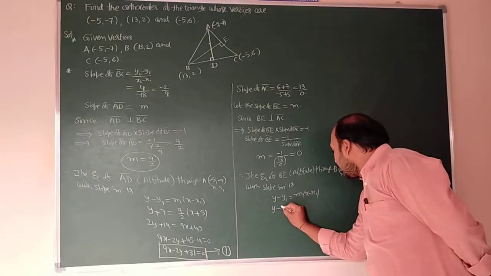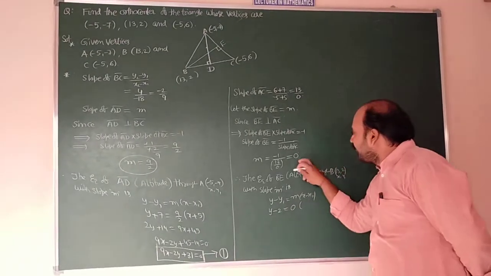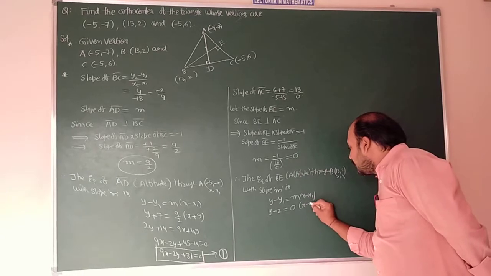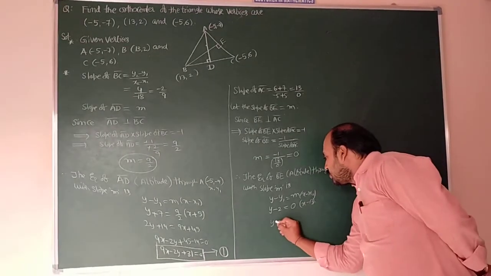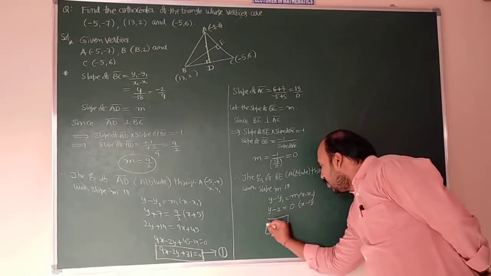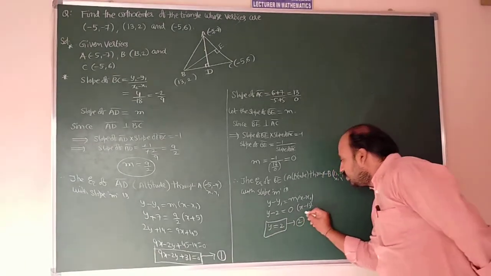So y minus 2 equal to m value is 0, x minus 13. So y minus 2 equal to 0 means y is equal to 2. Put that as equation number 2.